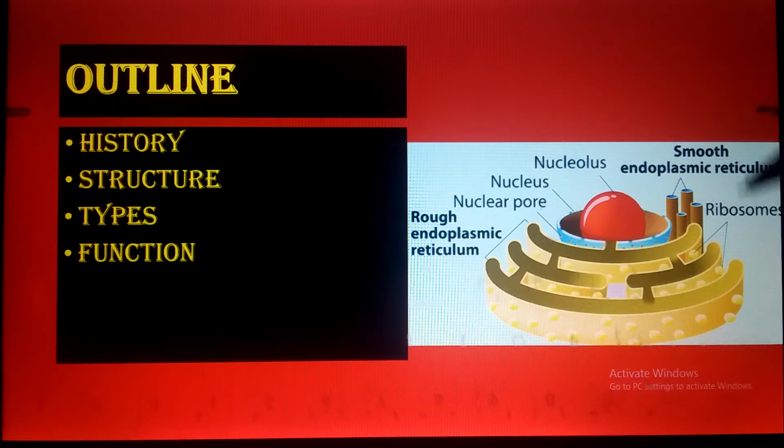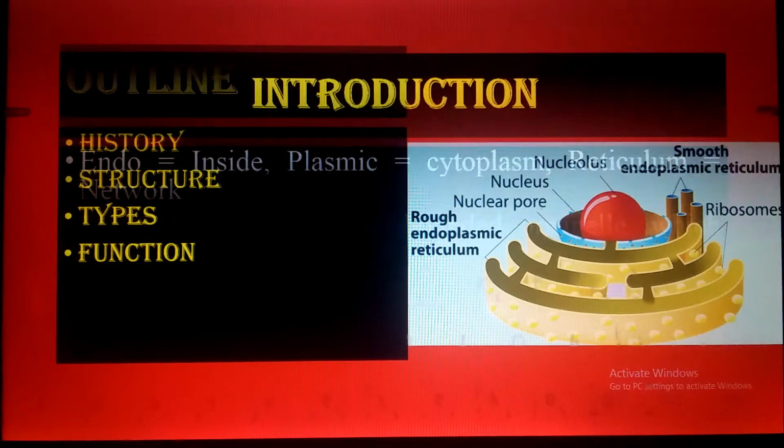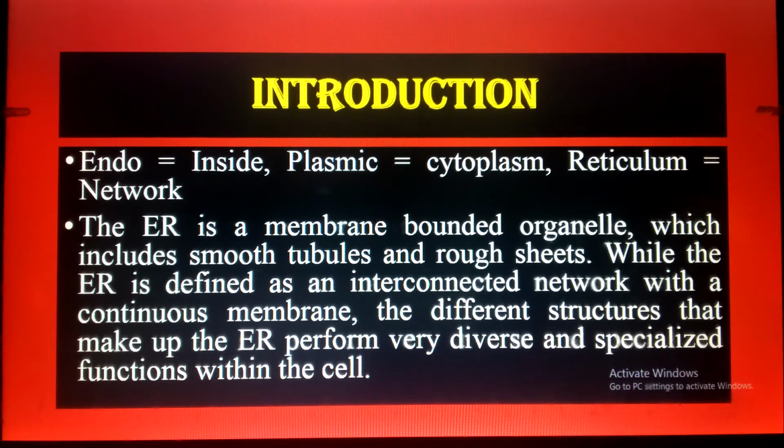A network of channels or canals. The endoplasmic reticulum basically consists of many parts, most importantly the cisternae, which I will discuss later on, and the tubules and vesicles, which are all parts of the endoplasmic reticulum.